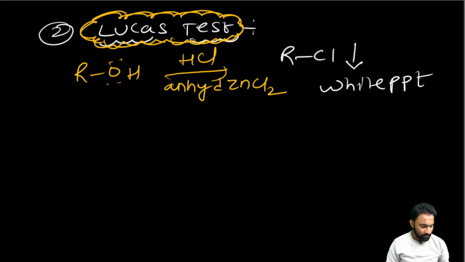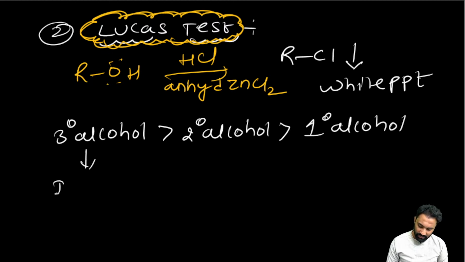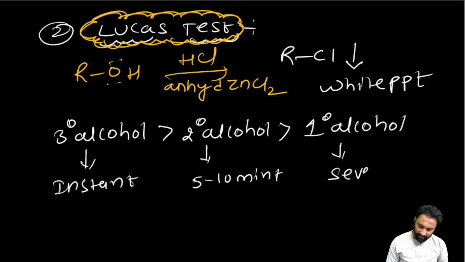Among the Lucas reagent, 3-degree alcohol will give you the instant turbidity. Next to that 2-degree alcohol, next to that 1-degree alcohol. 2-degree will take 5 to 10 minutes. 1-degree will take several days.